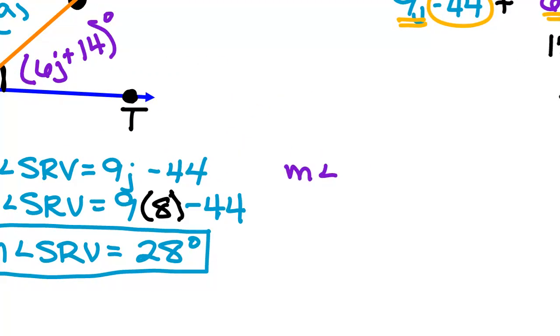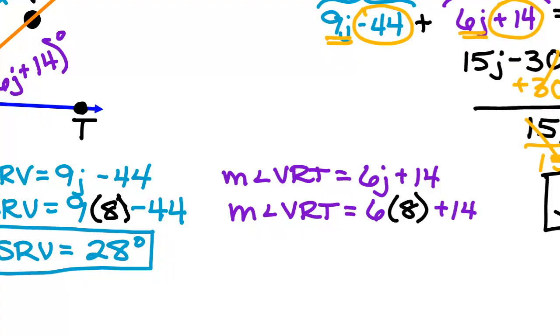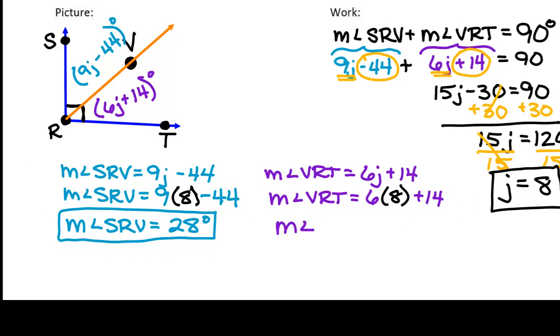Then we have the measurement of angle VRT. This is 6J plus 14. So 6 times 8 plus 14. What is 6 times 8 plus 14? 62.